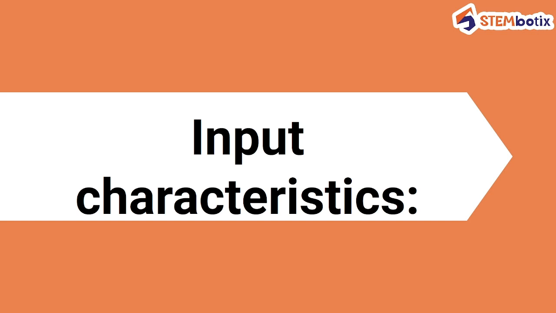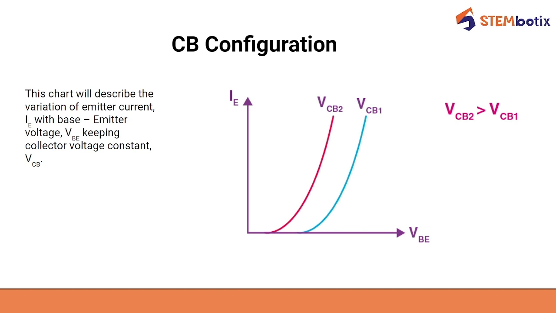First one is common emitter, meaning CE. In common emitter configuration, the emitter of that particular transistor is the common terminal for both input and output circuit.